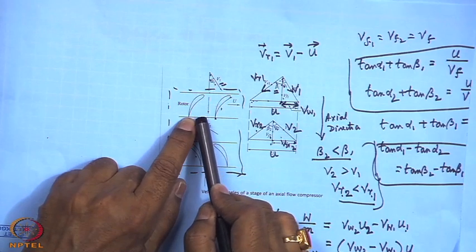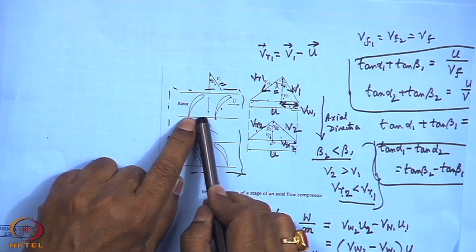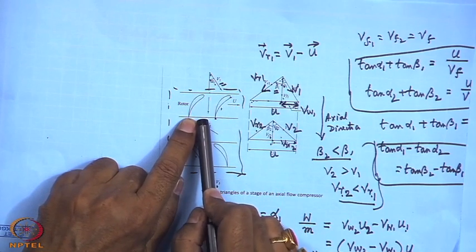But in an axial compressor, the question comes whether the flow passage changes in the course of flow through the rotor, so that the relative velocity changes or not. I told you that if the relative velocity changes, in the sense that if VR2 is less than VR1, then we can consider that there is a change in the static pressure, and when there is a change in the static pressure, there will be a change in the static temperature also.